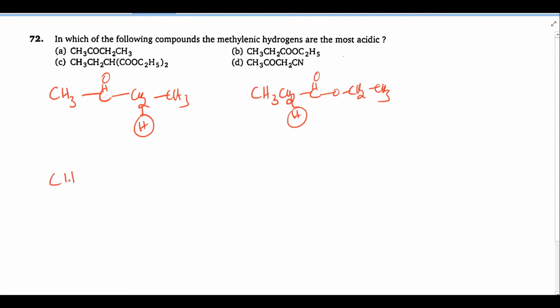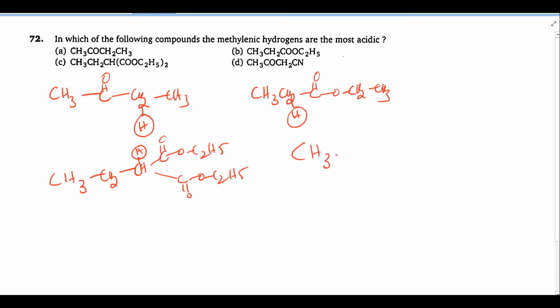CH3 CH2 CH COOC2H5 COOC2H5: here the methylenic hydrogen is also acidic. But another one, CH3 C double bond O CH2 C triple bond N. You can observe here, this hydrogen is more acidic.